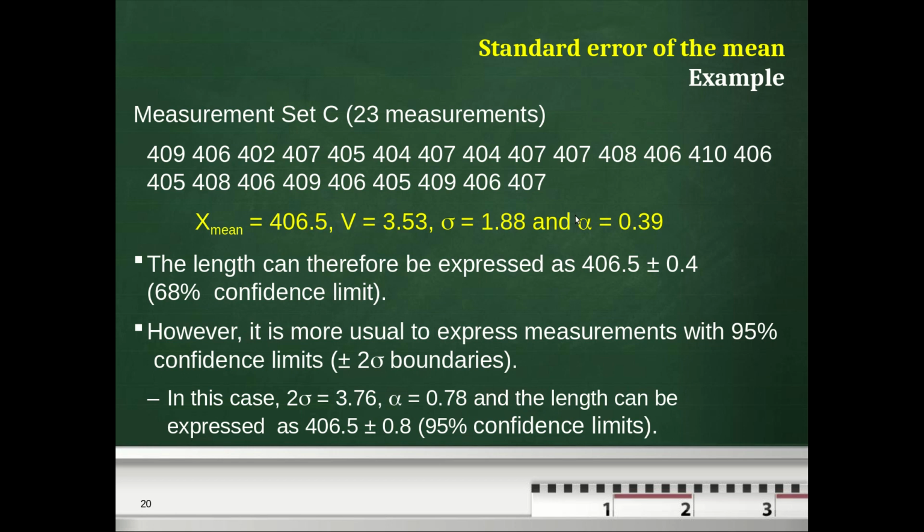Here the confidence that the value will for sure be within this boundary is 68%. So we want to make sure that this is the maximum limit for the error of the measurement.